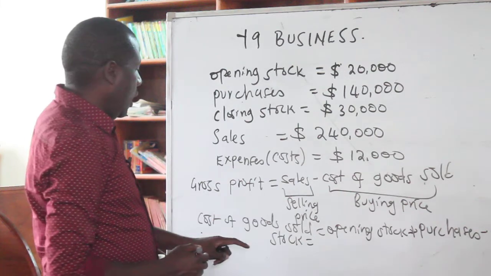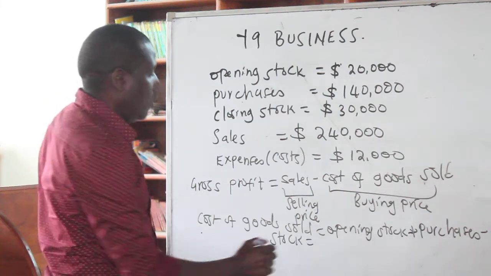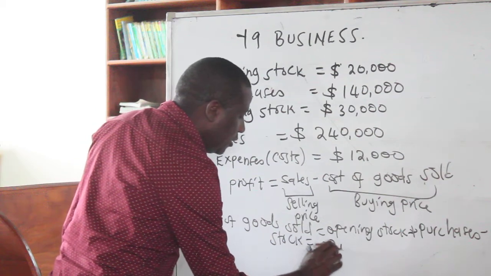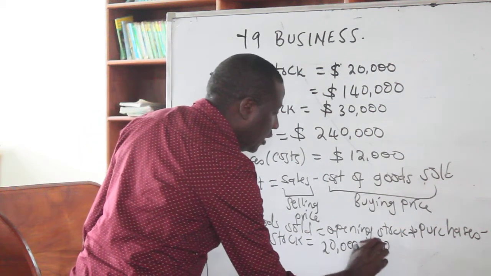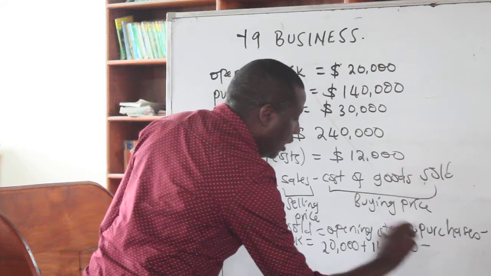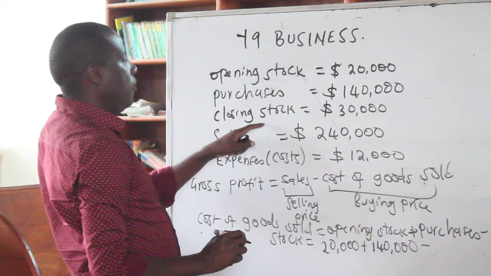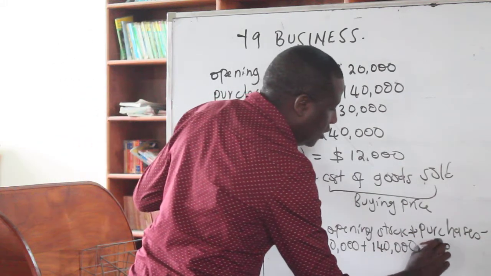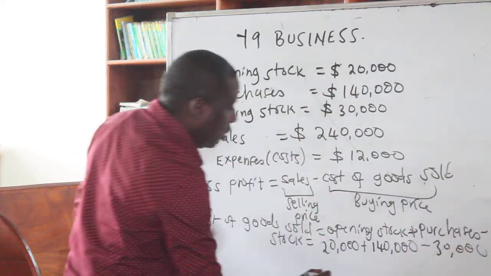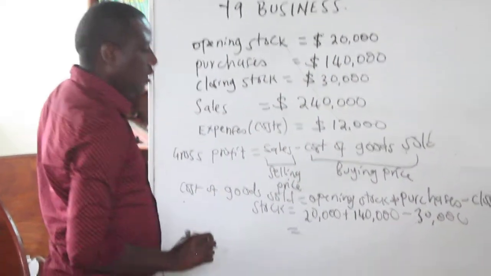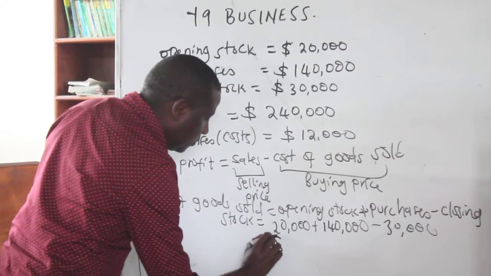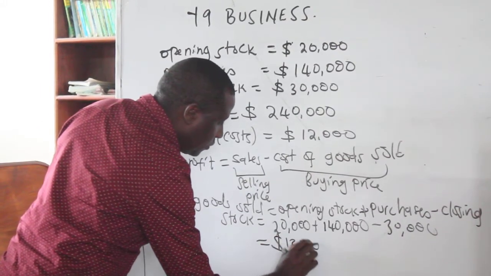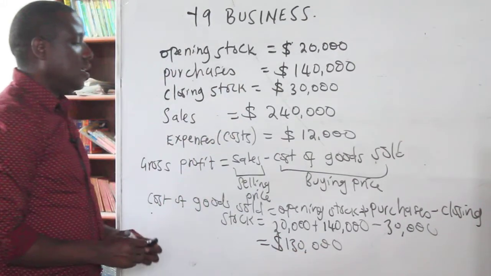So, opening stock is $20,000. Then we had our purchases of $140,000. And we were remaining with $30,000. We did not sell $30,000. And that gives us $130,000. So that is what?